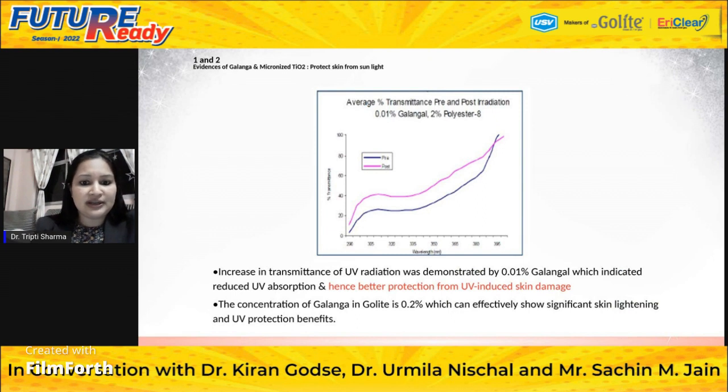Coming to some clinical evidence, galang and micronized titanium oxide protect the skin from sunlight. It has been seen that galang at a concentration of 0.2% effectively shows significant skin lightening and UV protection benefits.